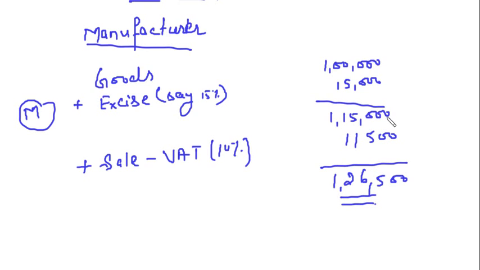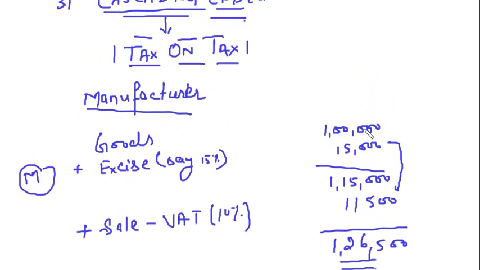So what we have done is taxed this tax also, because this tax is included in the value of 1,15,000, and on this we are applying the VAT of 10%. That means we have paid tax on tax. There is a cascading effect.